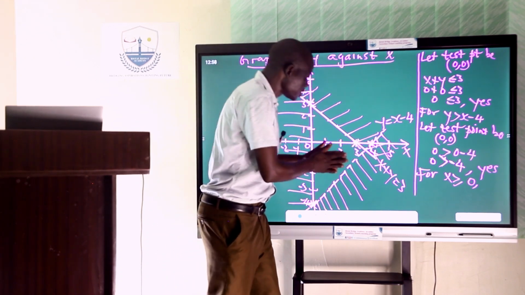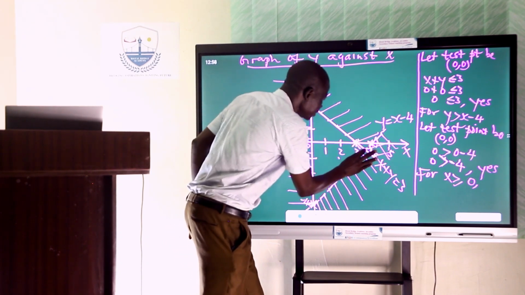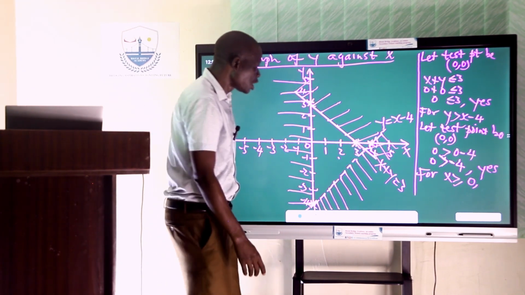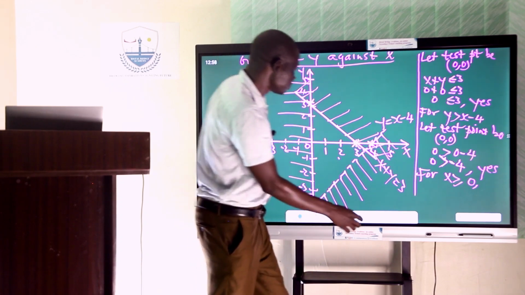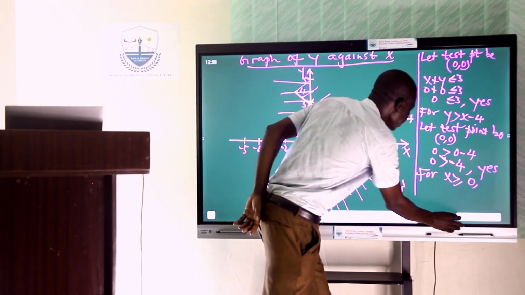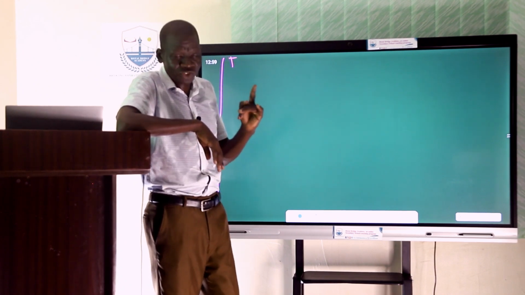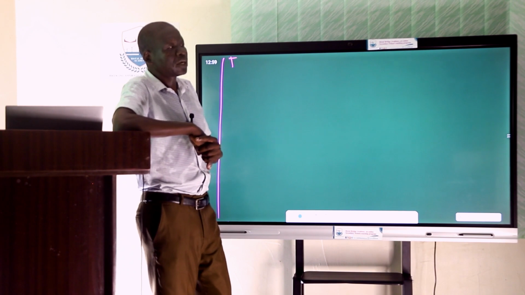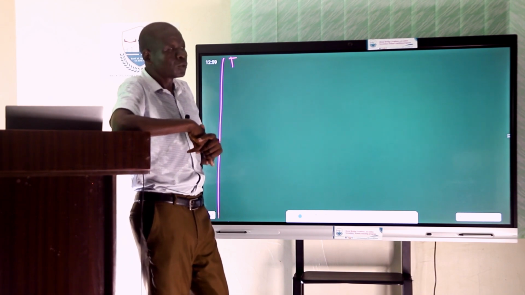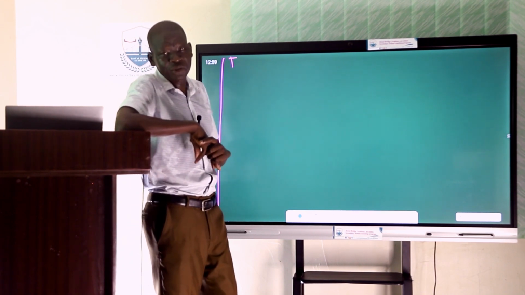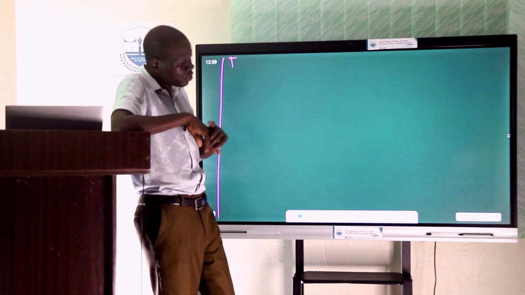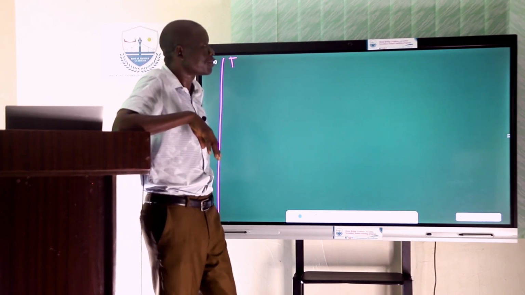So let us obtain the point of intersection. For that, we shall find the area of the unshaded part of the triangle. This area, we normally call the feasible region. We want to find the feasible region in the graph.